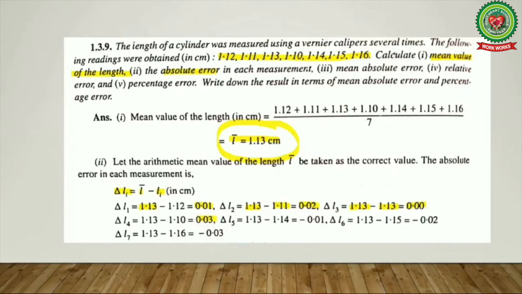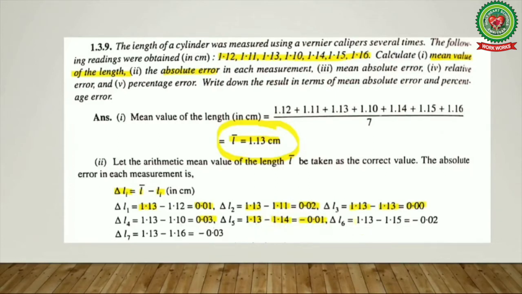From each reading we have to find the absolute error. The fifth reading is 1.14. Again the true value is the same, that is constant. Now we get minus 0.01, because the true value 1.13 minus 1.14 gives a negative answer.